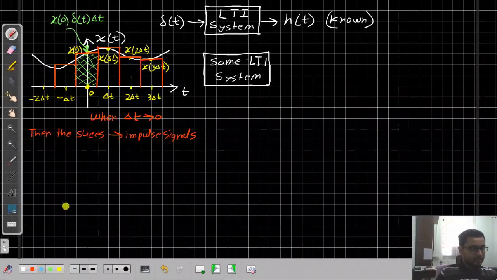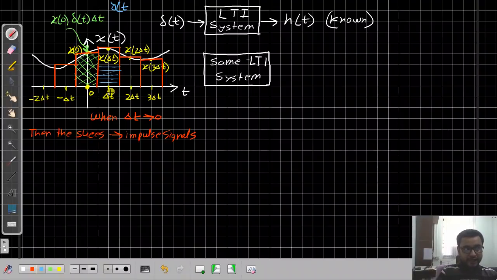Next, similarly, this next slice, this blue one, can be written as a delta function, but this is time shifted.